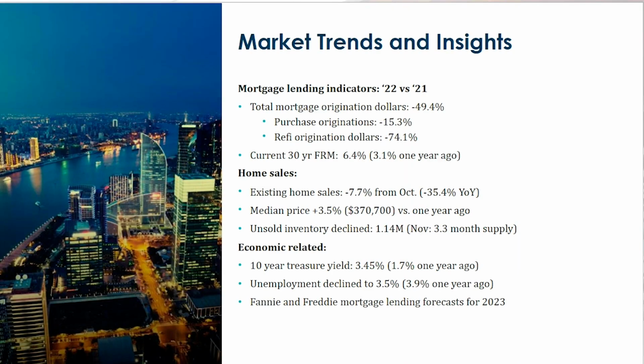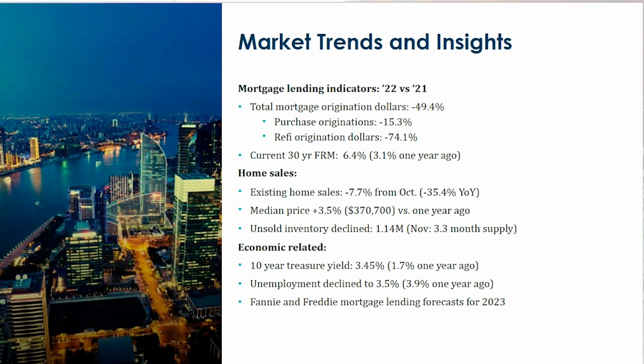So now let's look at market trends and insights. First, we'll look at 2022 versus 2021. As we know, 2021 was a very robust year in the mortgage industry, but in 2022, it was a different story. Mortgage originations were down 49%. We saw purchases decline 15%, but the big difference was in refinances, which declined 74% from 21 to 22.